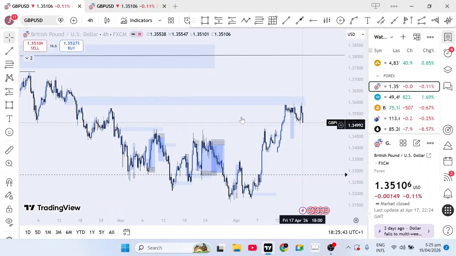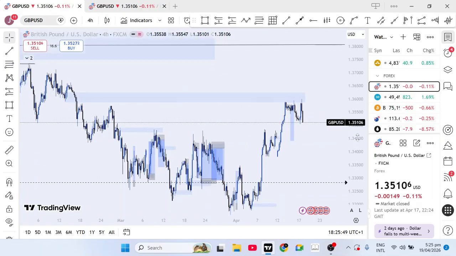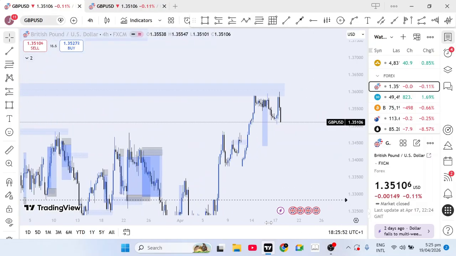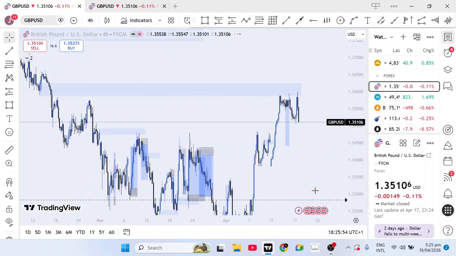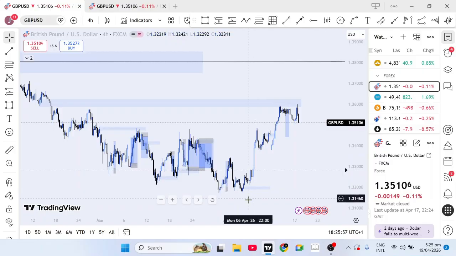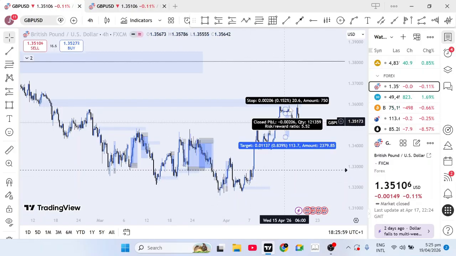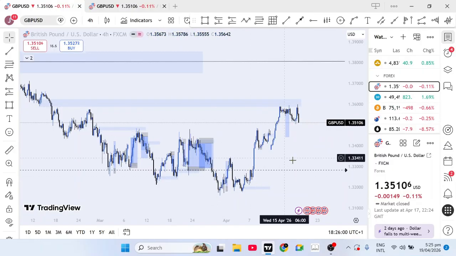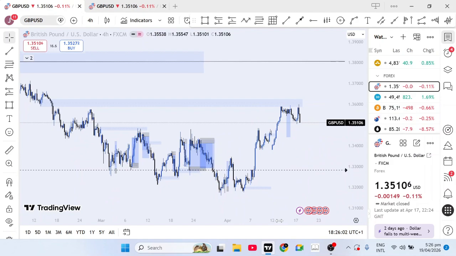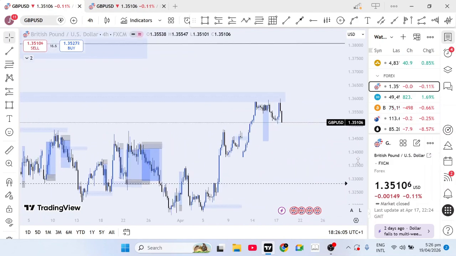Price got into this zone and started giving some kind of consolidation. So I was watching that price would fall. That was what I was anticipating, even though GBP USD was very bullish. I was looking at it like a short retracement. That's how I was looking at the market.